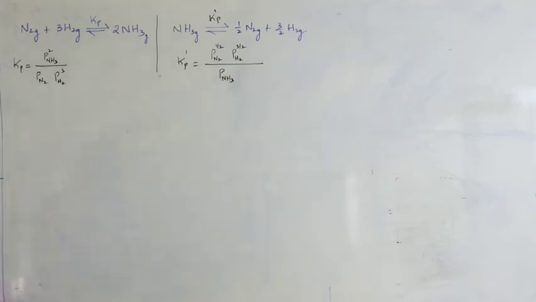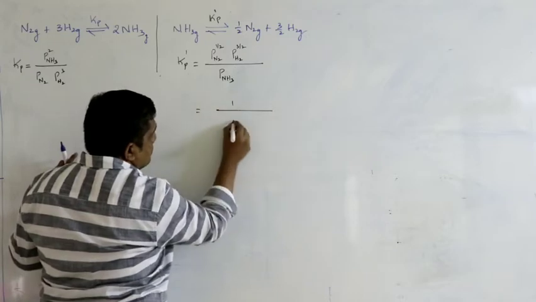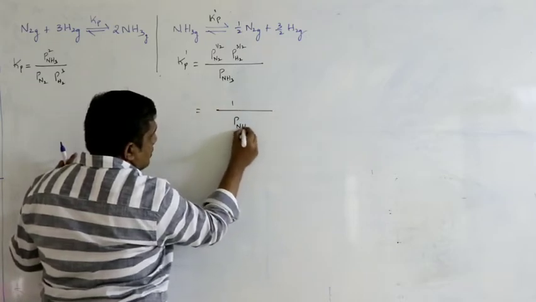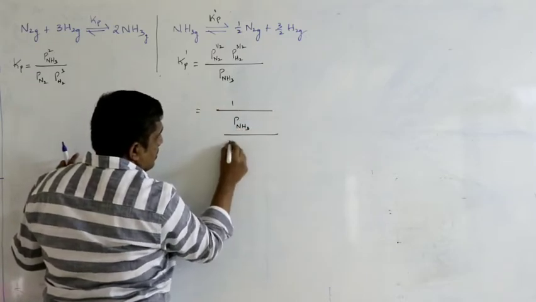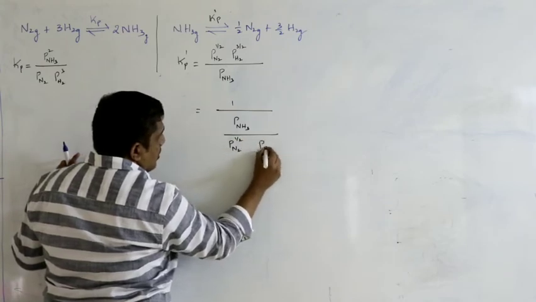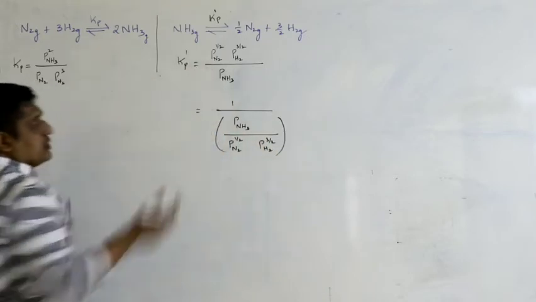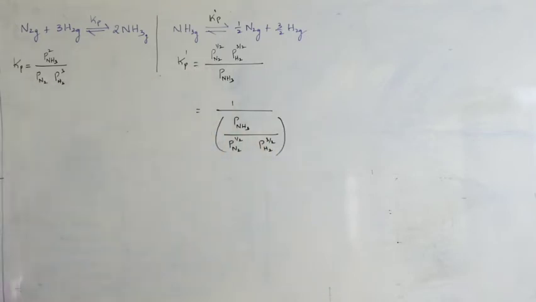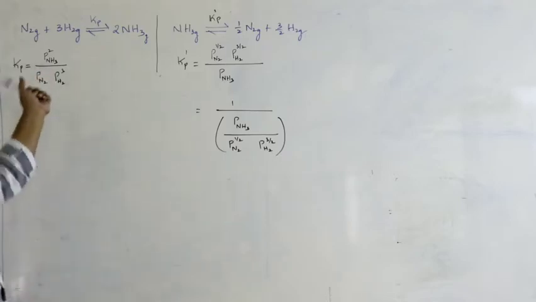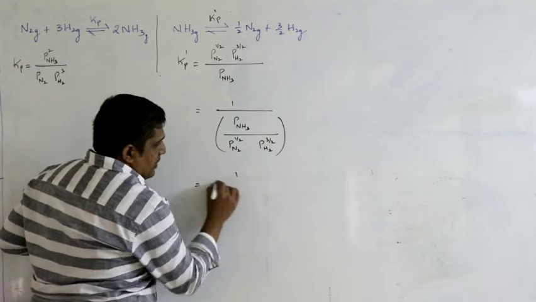We have to find the relation between these two. So first I will reverse it, just taking the numerator to the denominator. Then, to write in this form, I have to take half common.